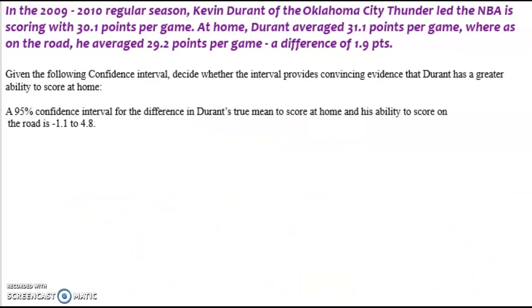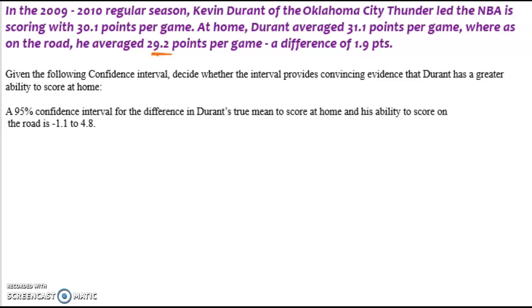All right, so here's a new scenario instead of Derek Jeter. In the 2009-2010 regular season, Kevin Durant of the Oklahoma City Thunder led the NBA in scoring with 30 points per game. At home, he was 31 points per game, and he averaged a difference of 29.2 points per game. So we think that's his single value estimate, because that is the difference in means.